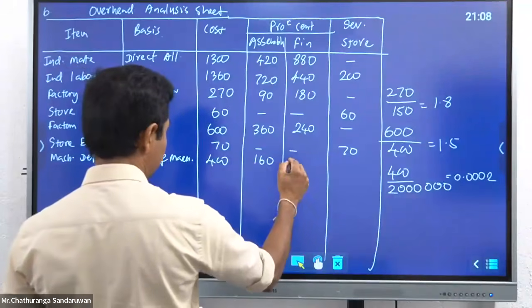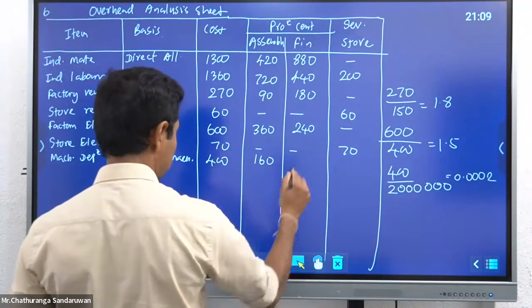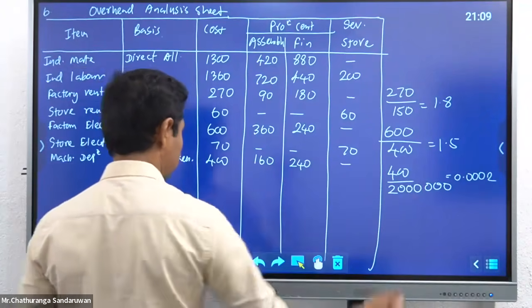The remaining one is it 240? Nothing here.